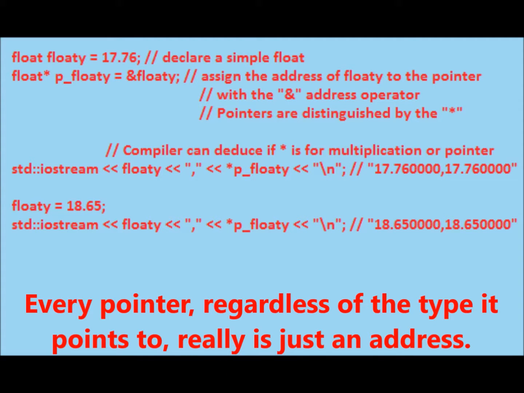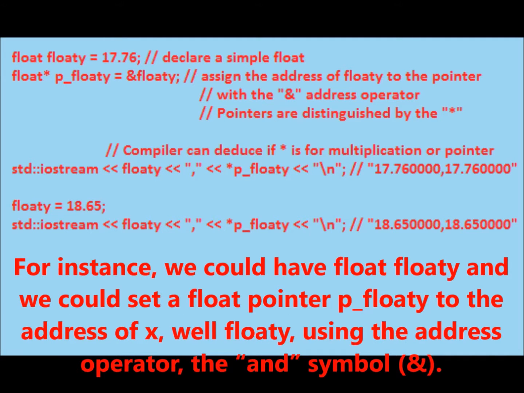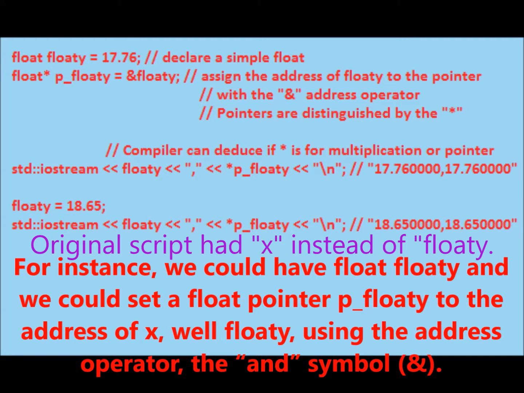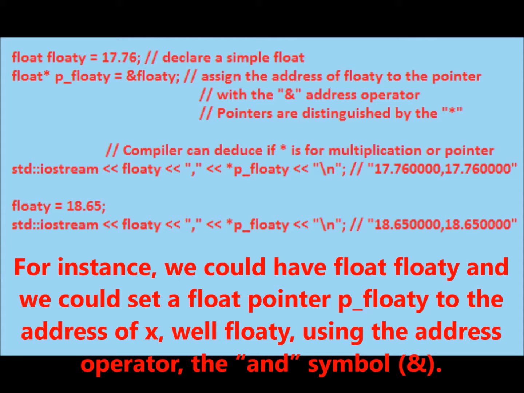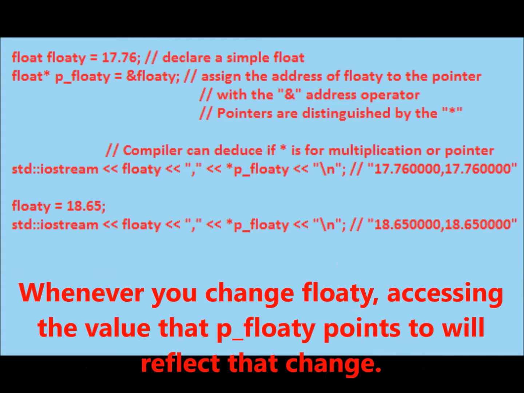Every pointer, regardless of the type it points to, really is just an address. For instance, we could have floaty, and we could have a float pointer pfloaty to the address of floaty, using the address operator, the ampersand symbol. Whenever you change floaty, accessing the value that pfloaty points to will reflect that change.